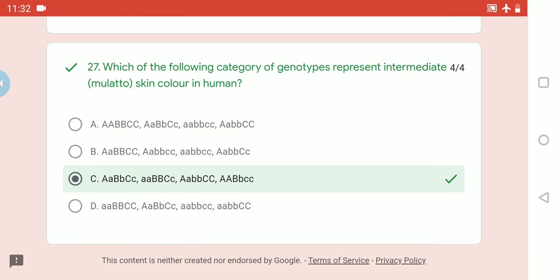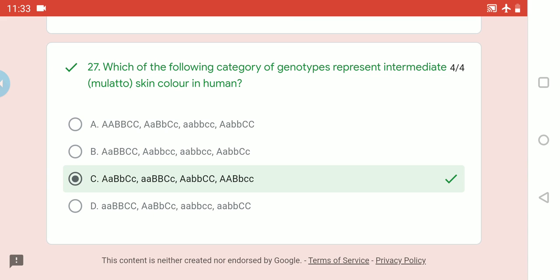The next question, which of the following categories of genotypes is intermediate? See, I told you, note down once again, in the case of human skin color, capital A, capital B, capital C is known as black. We can also say the darkest skin color is dominant.